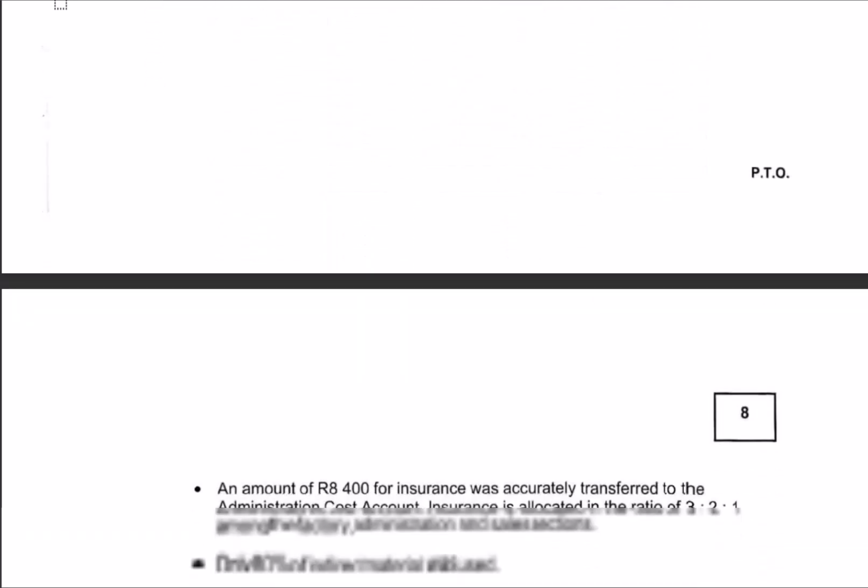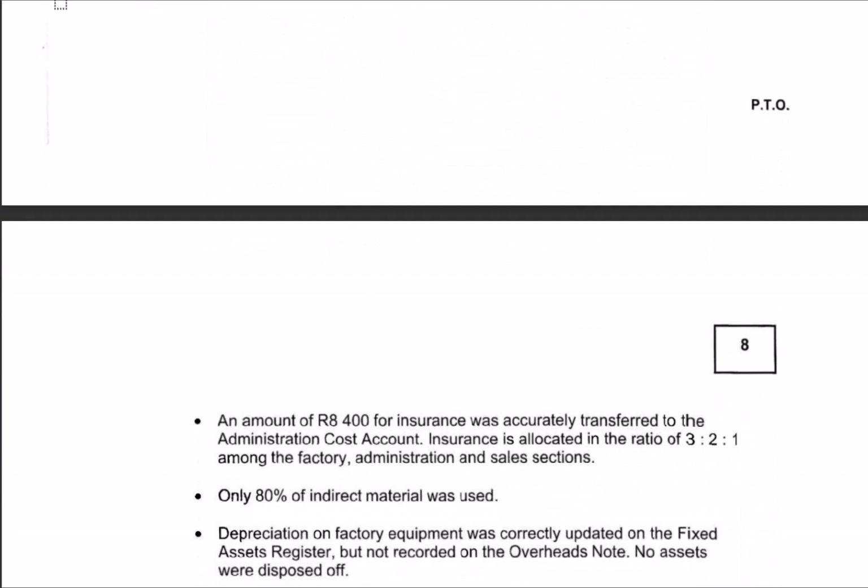Right, then moving along, an amount of 8,400 for insurance was accurately transferred to the admin cost account. Right, so it was correctly transferred. Insurance is allocated in the ratio 3:1:2 among the factory, administration and sales respectively.